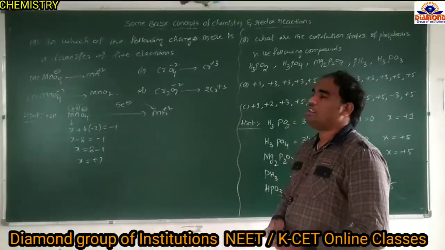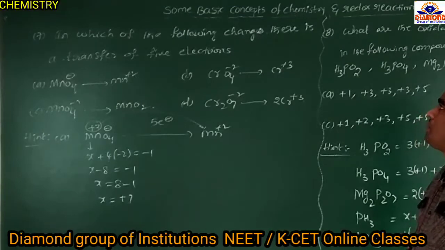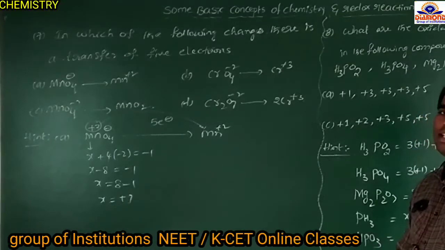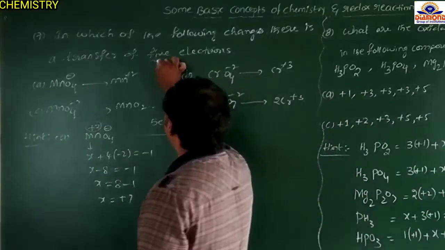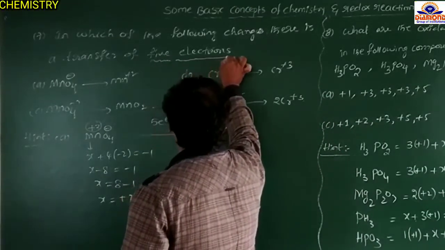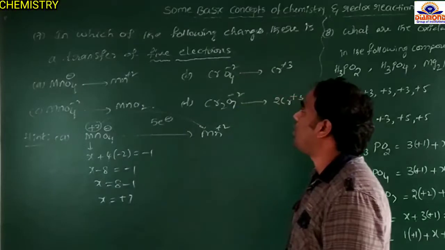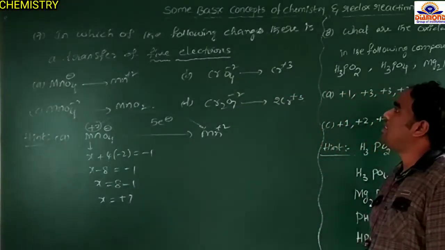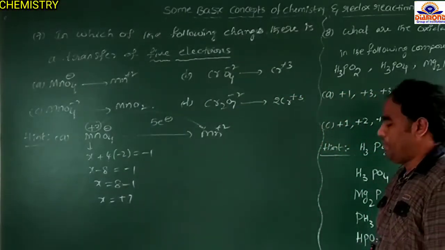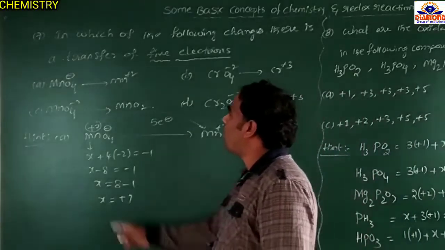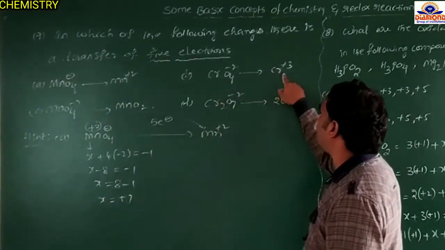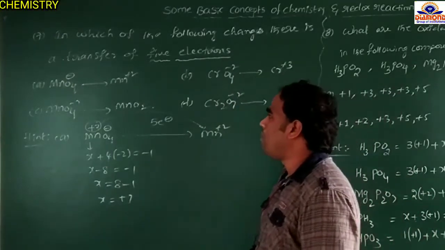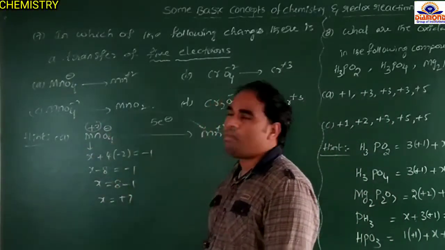Next, question number 7. In which of the following changes is there a transfer of 5 electrons? Option A, MnO4 minus converted to Mn plus 2. B, CrO4 minus 2 converted to Cr plus 3. C, MnO4 minus 2 converts to MnO2.